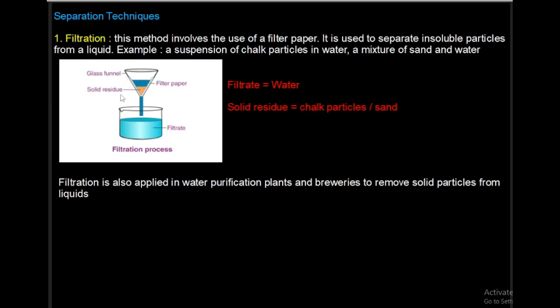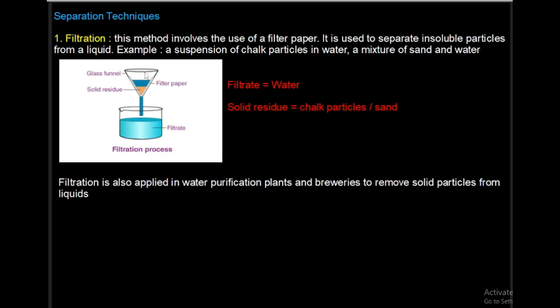The ones that are trapped in the filter paper are known as the solid residue. In this case, let's say we have a mixture of chalk particles in water. The chalk particles will be trapped in the filter paper. It is also known as a solid residue. And then the filtrate will move through the filter paper and find itself in the container or beaker, as the case may be.